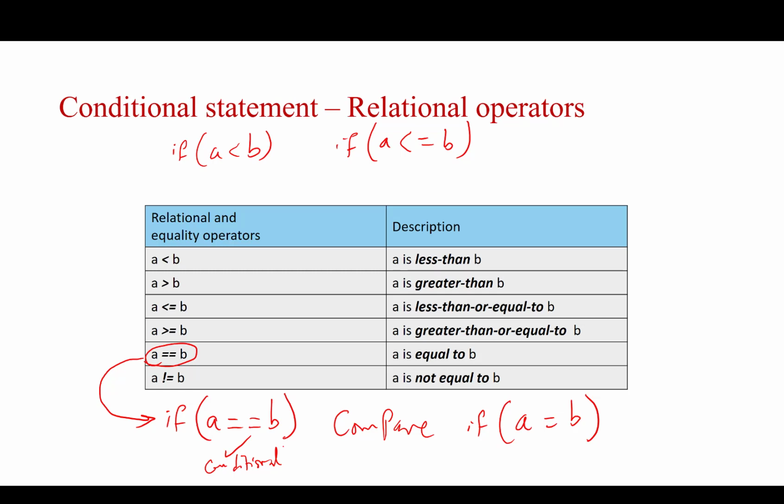But here, this is always true. What is the meaning of that? Here, this is assignment. The only thing you are telling here is, hey, assign the value of B to A, and that's it. And when the if condition goes there and looks, there is no comparison, so it is true.